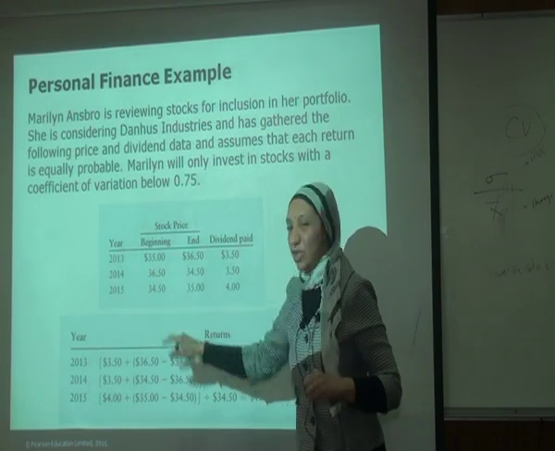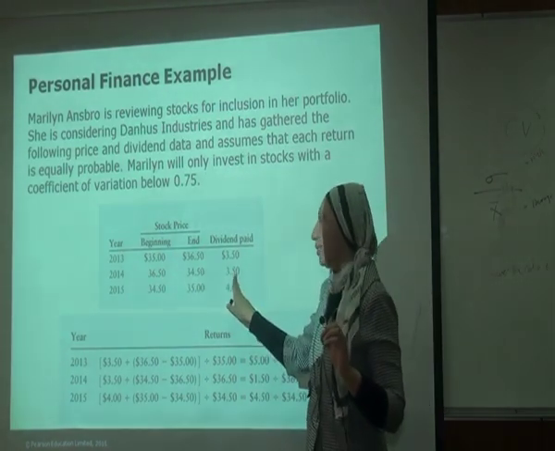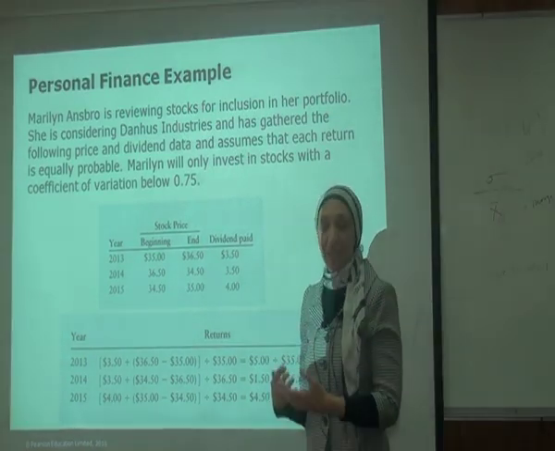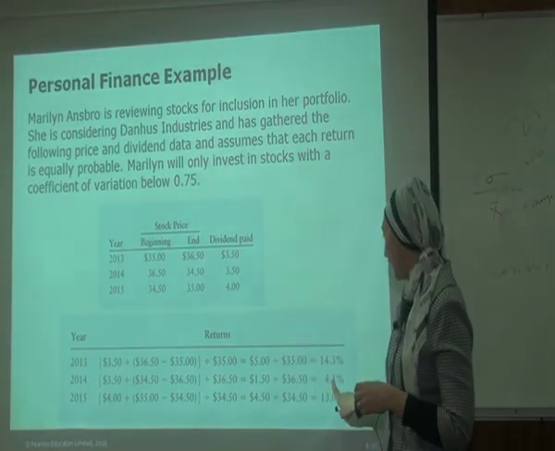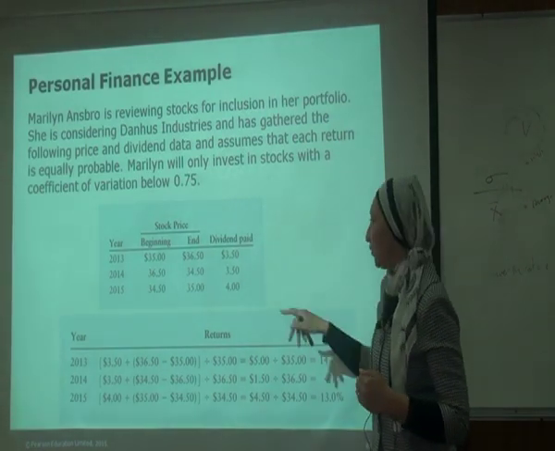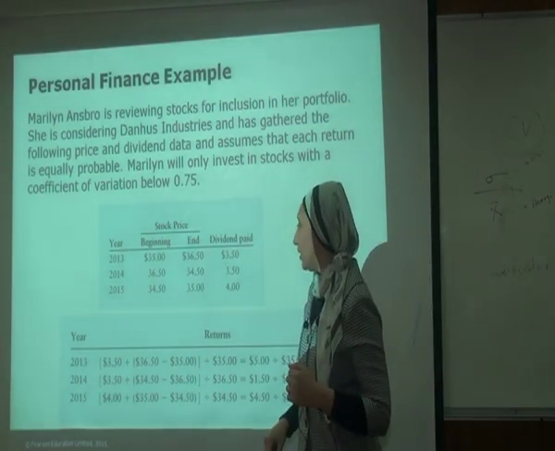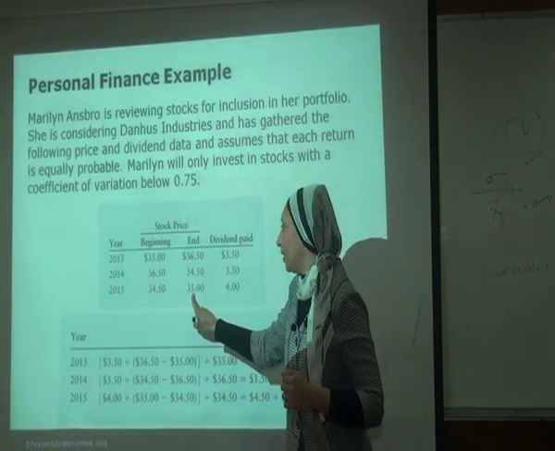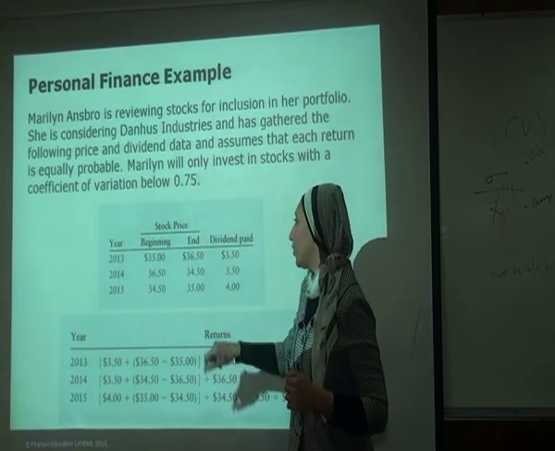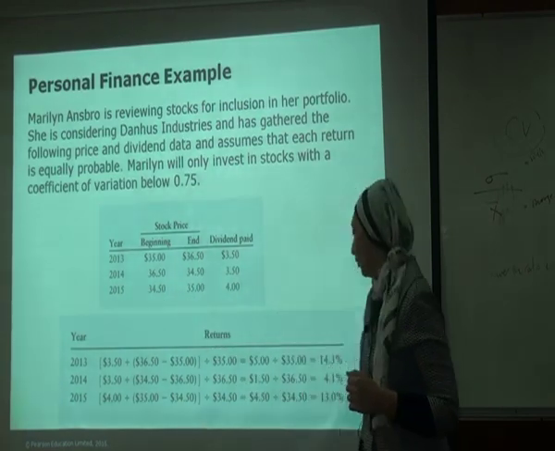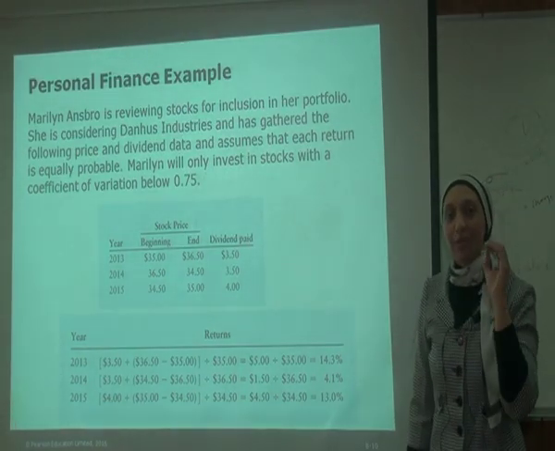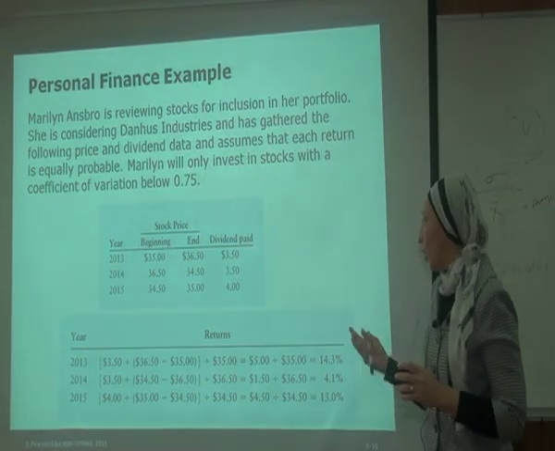So here the stock achieved loss, but due to the dividends distributed, the stock is still achieving positive return, okay? But it's very low relative to the previous year. Regarding 2015, the stock return is the ending, which is 35, minus 34.5, plus 4, divided by 34.5, so the return is 13%. Okay, this is separate return for each year.